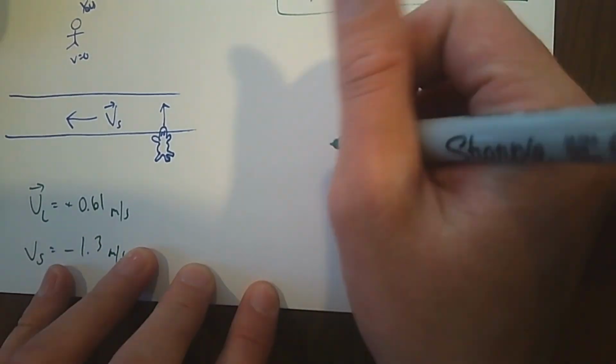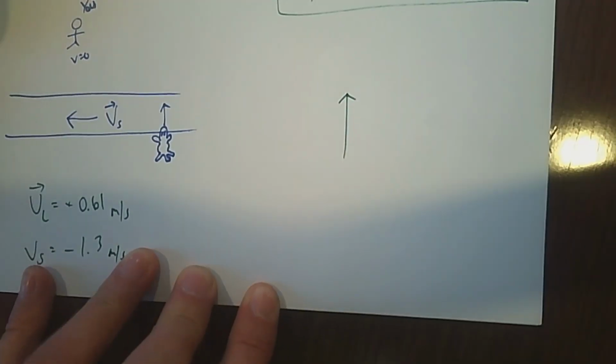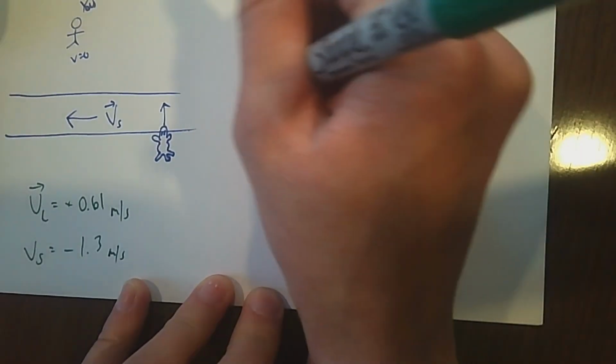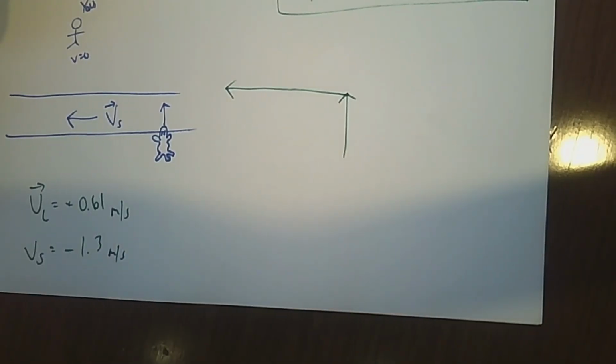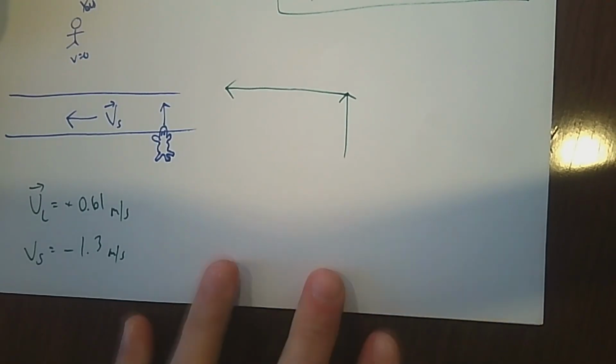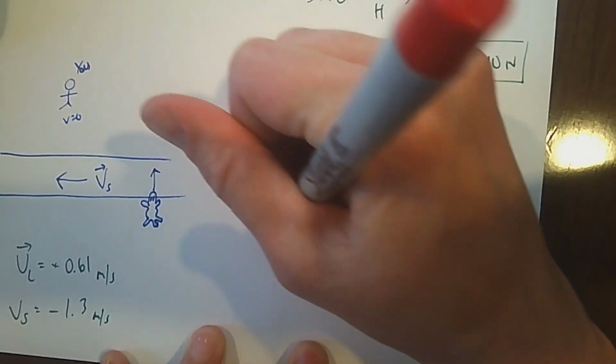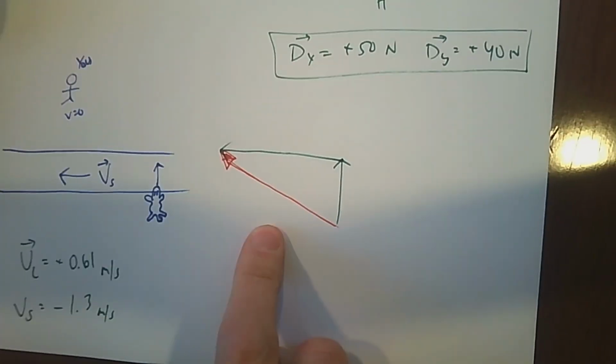So the lizard's velocity vector looks like that. The moving sidewalk has a velocity vector that looks like that. And our resultant vector is going to look like this. So, as you notice, this is the hypotenuse of a right triangle, which means that we can use Pythagorean theorem to solve for the magnitude of the velocity vector. And I'm looking back at my question now. I'm not asked for direction, which is great.